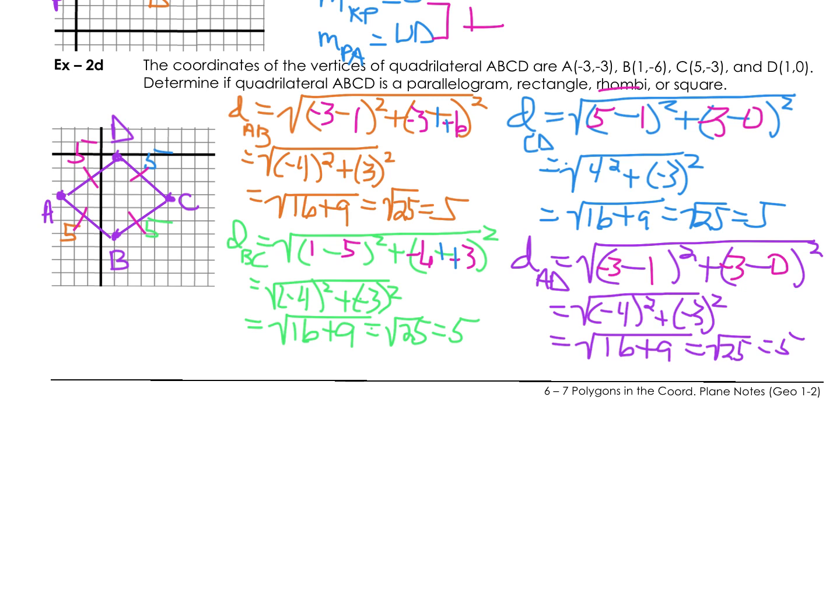All right, so that's going to require slope. So I'm going to start off with finding the slope of all 4 sides. I'm going to start with A to B, B to C, C to D, and D to A. So my slope from A to B is equal to, and I'm going to do all my rises and runs.